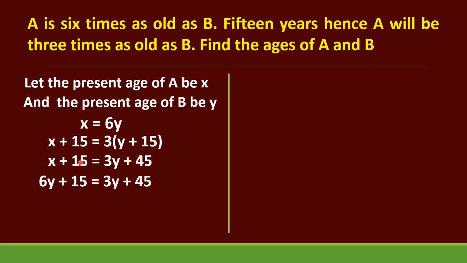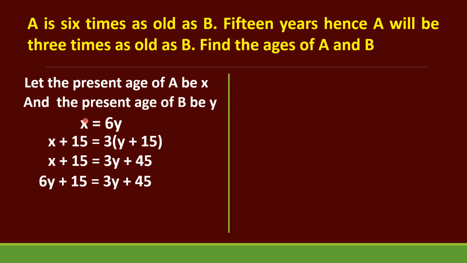Taking 15 to this side and 3y to this side, we get x minus 3y is equal to 45 minus 15, that is 30. Thus we get two equations, and we can solve as we have done in the previous problem. But here we are going to use the substitution method.